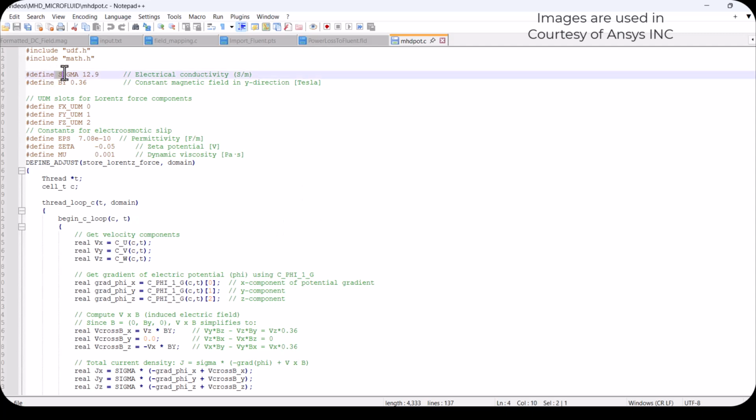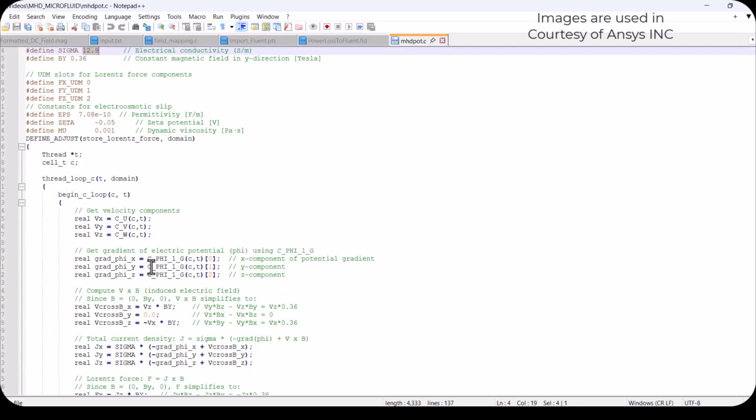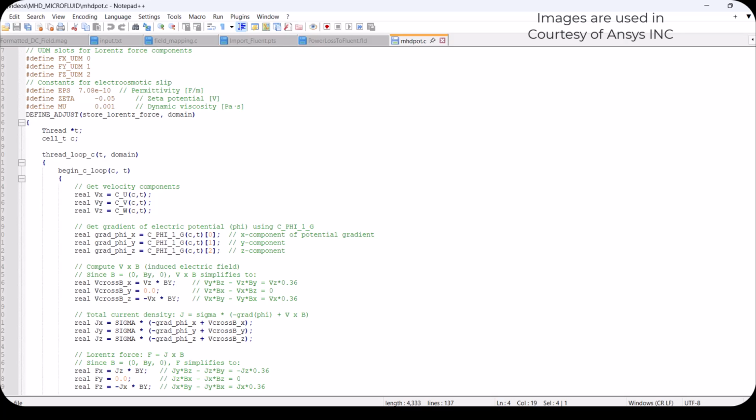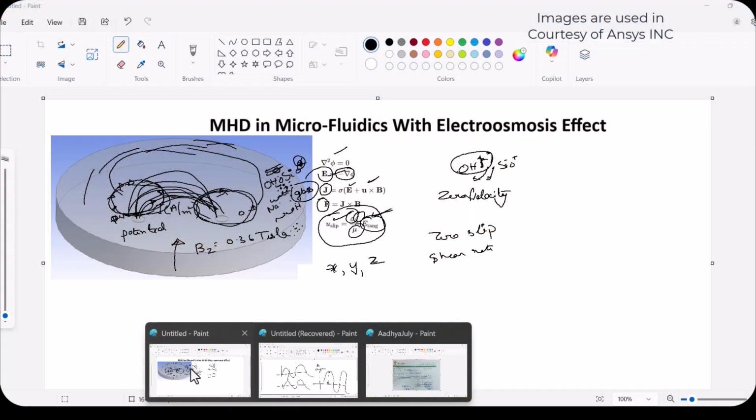So this is the sigma value, okay, the electrical conductivity of the sodium solution that I have considered in this simulation. That is nothing but this sigma that we have kept here.